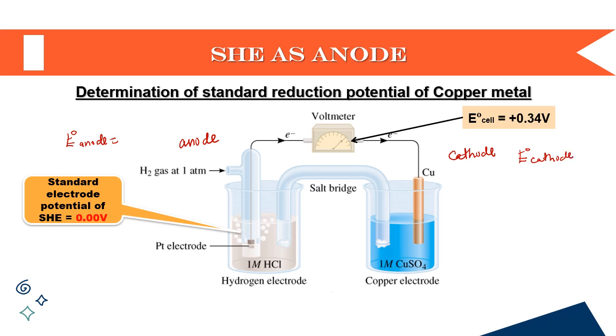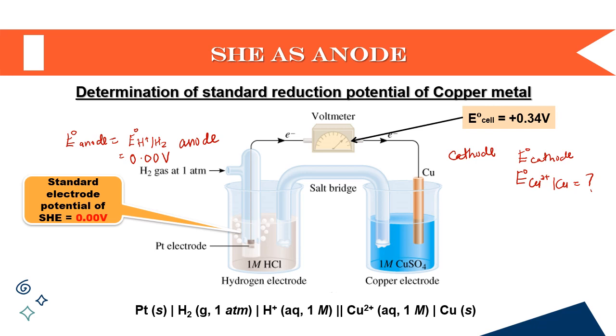Our E naught anode is E naught H plus to H2, the value of SHE, which is 0.00 volts, and the E naught cathode is E naught of the reduction of copper 2 plus towards copper. So this is the value that we want to find.